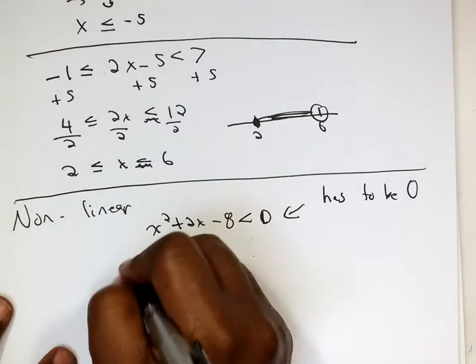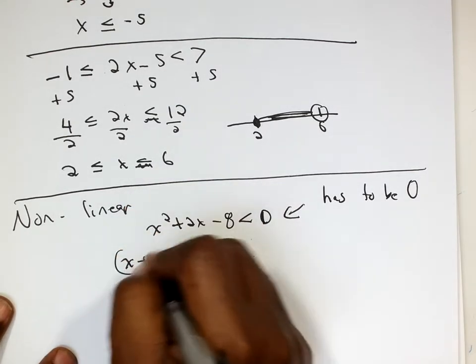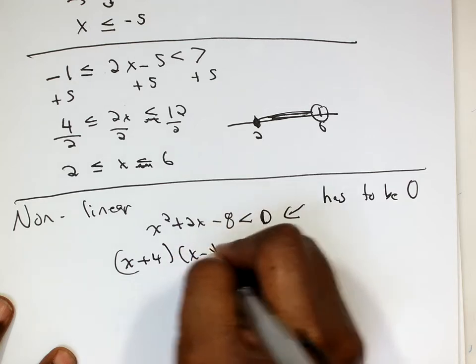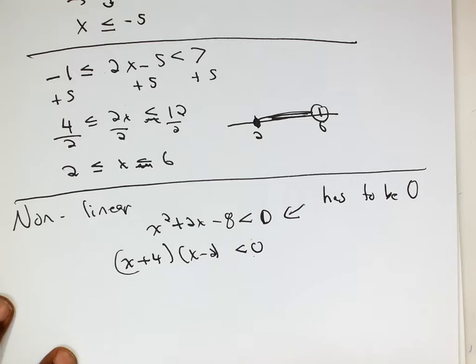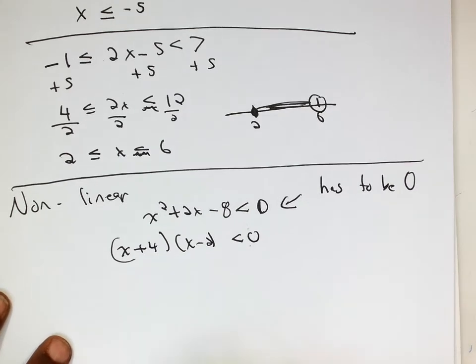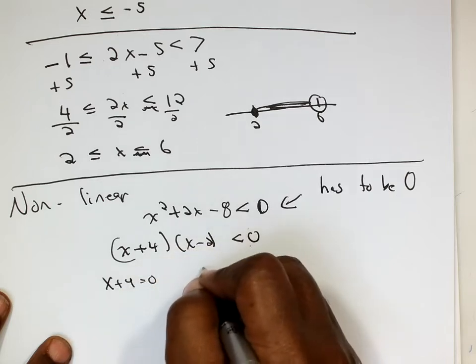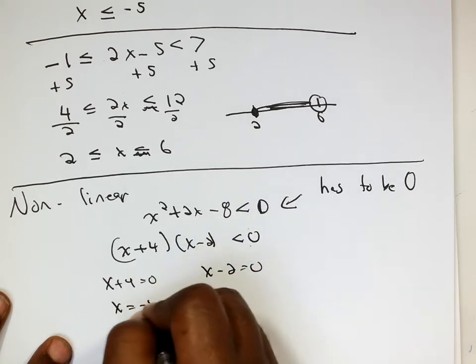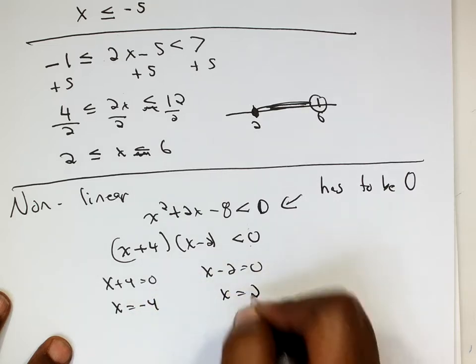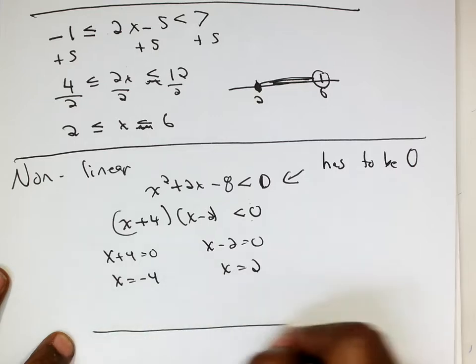So I'm going to factor this, and I get x plus 4 times x minus 2 less than 0. And again, just like any other quadratic, I have to set each term equal to 0. So x plus 4 equals 0, and x minus 2 equals 0. So my solutions would be a negative 4 and a positive 2.